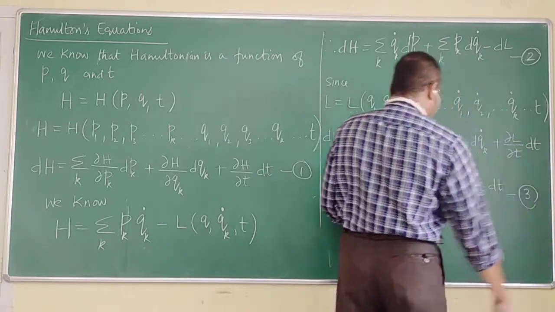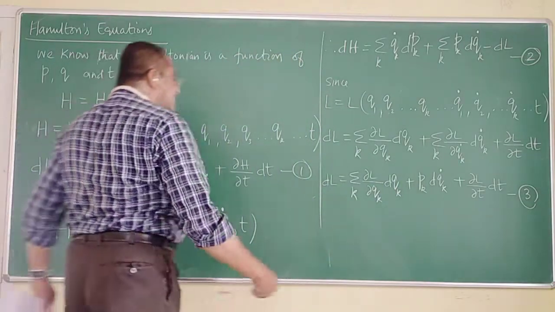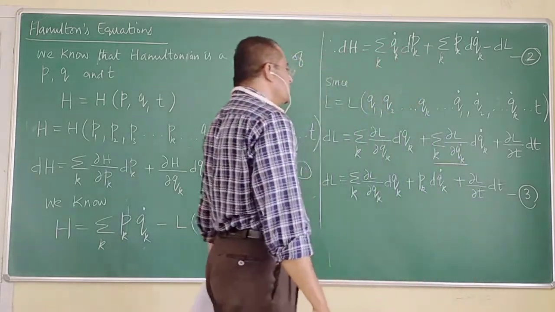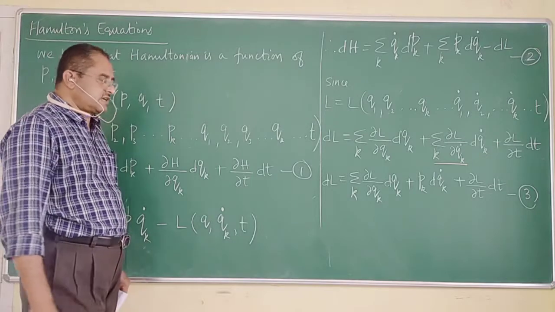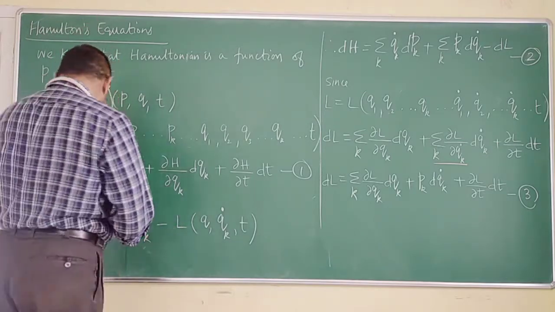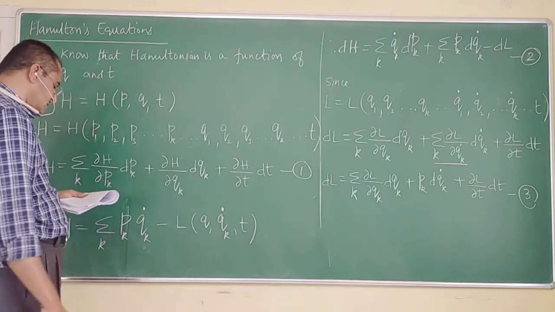This is equation 3 for me. What I have done here is, I have substituted p_k for ∂L/∂q dot k, which is the generalized momentum. Is that clear to you, sir?